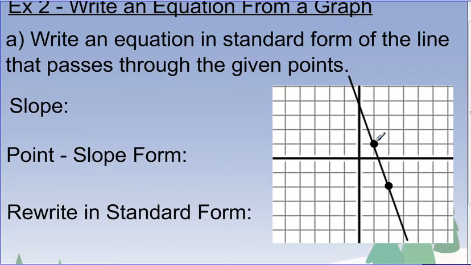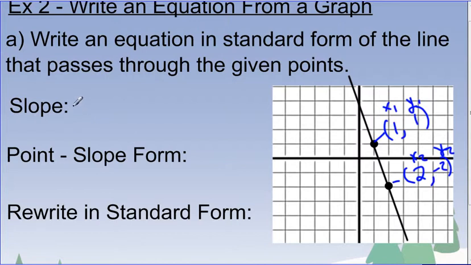Well, this point is at 1, 1. This point is at 2, negative 2. So x value, y value, this is point 1. X value, y value, this is point 2. Remember all this stuff?